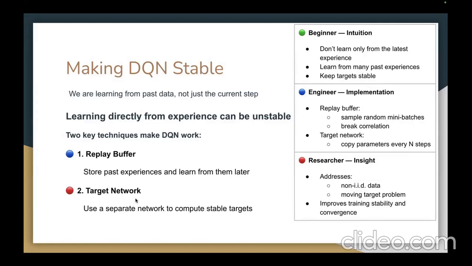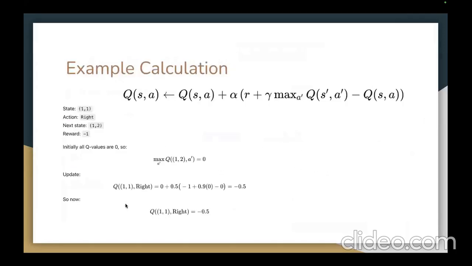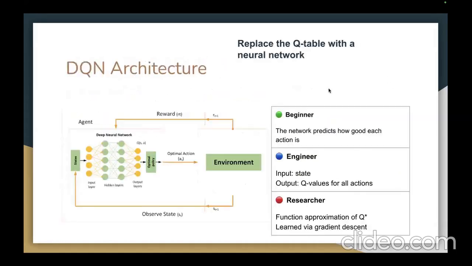The second technique is what we call the target network. Remember that we are trying to estimate the difference between these two terms. When we estimate the target, we are using our own network to compute it, so the target will be moving, because as we update our network, the target also shifts. This can be problematic.